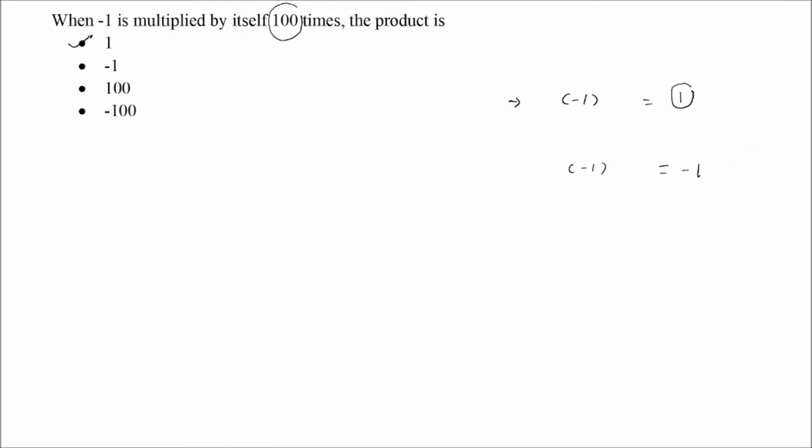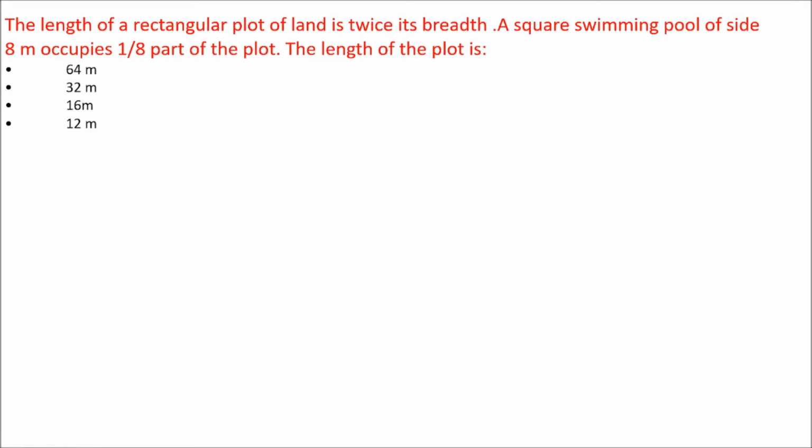This will be the answer. The rectangular plot of land has a length twice its breadth. So a rectangular plot is there, students. Suppose breadth is x, then length will be 2x. A square swimming pool of side 8 meter occupies 1/8 part of the plot.